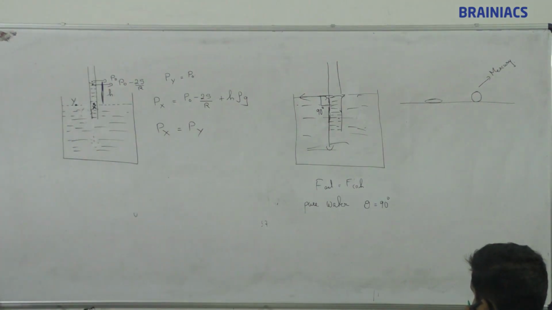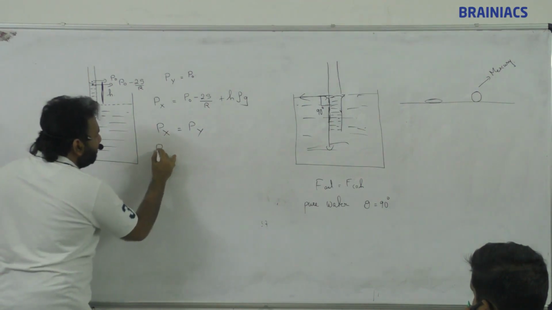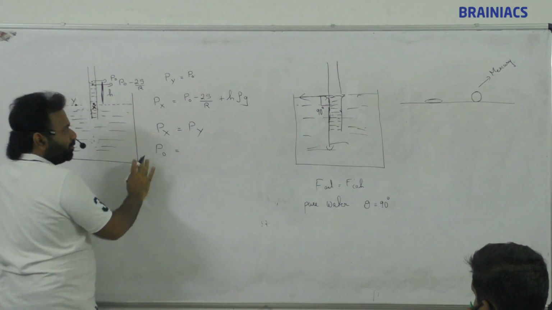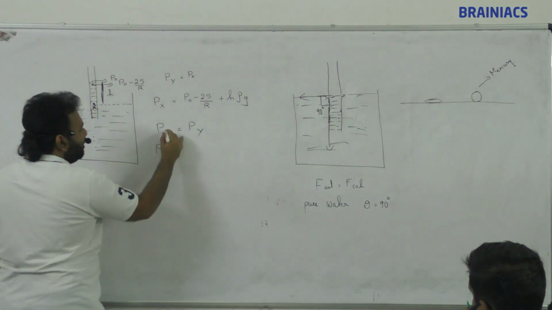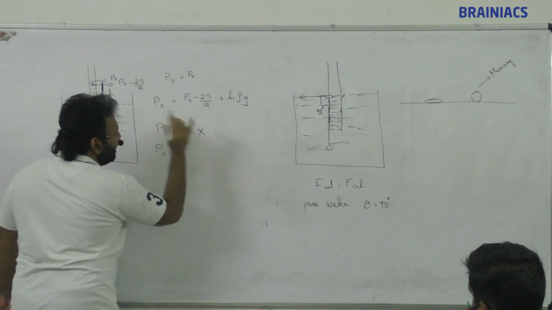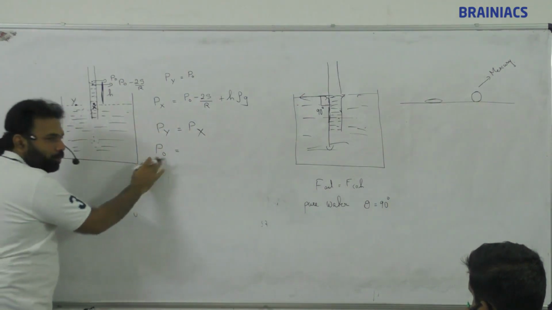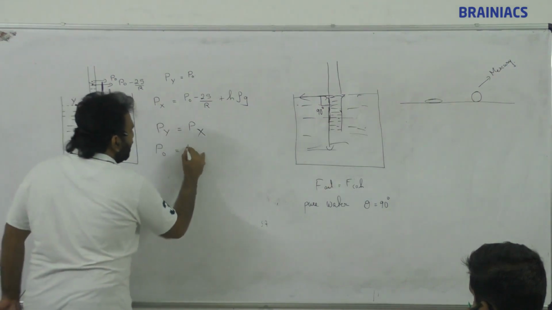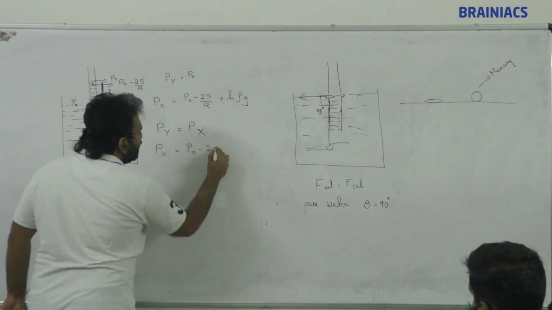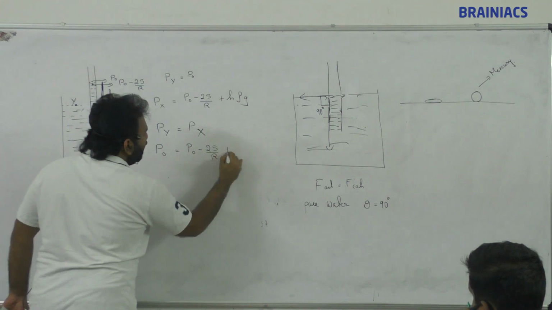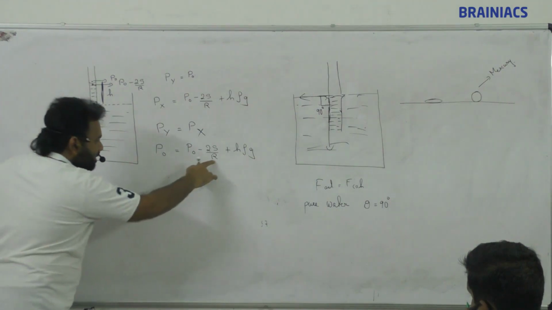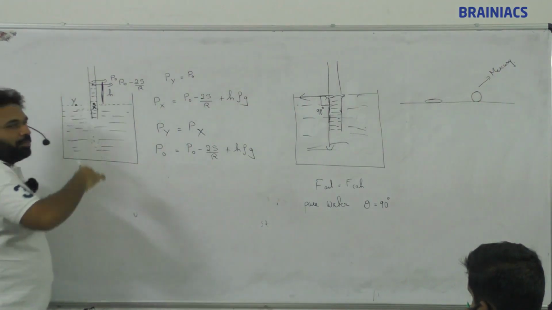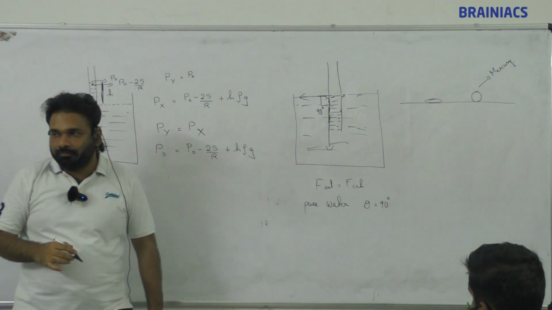So to prove this, Py is equal to Px. Py is equal to P naught, and Px is equal to P naught minus 2s by r plus h rho g. This r is the radius of this capillary tube.